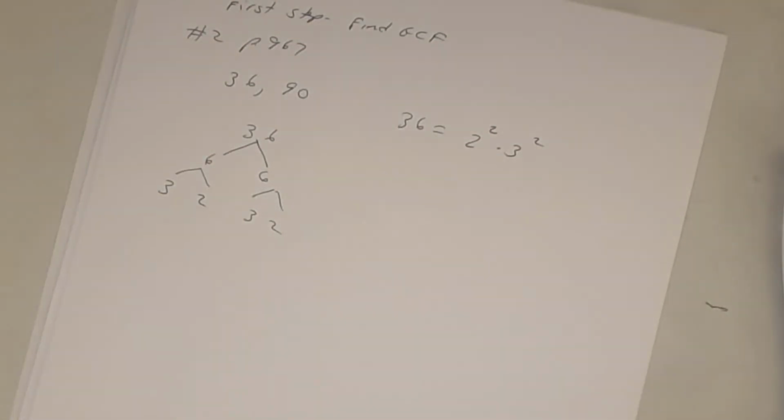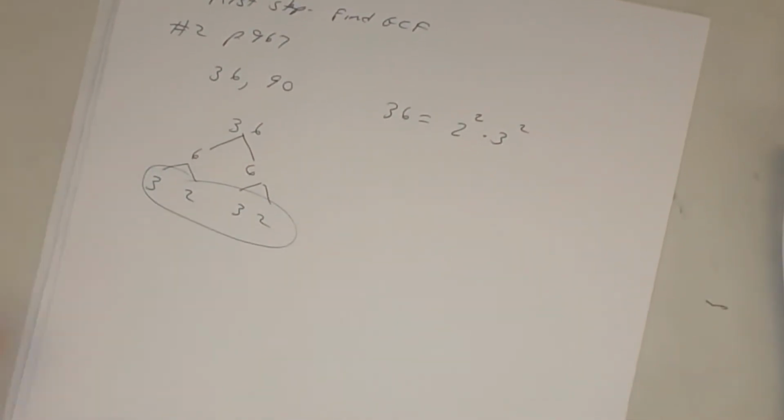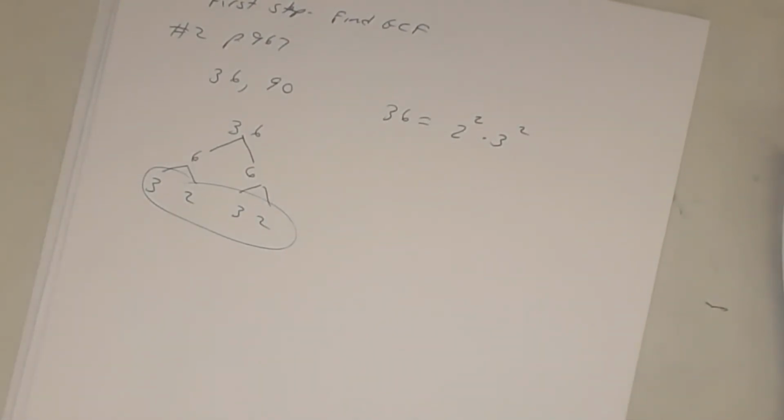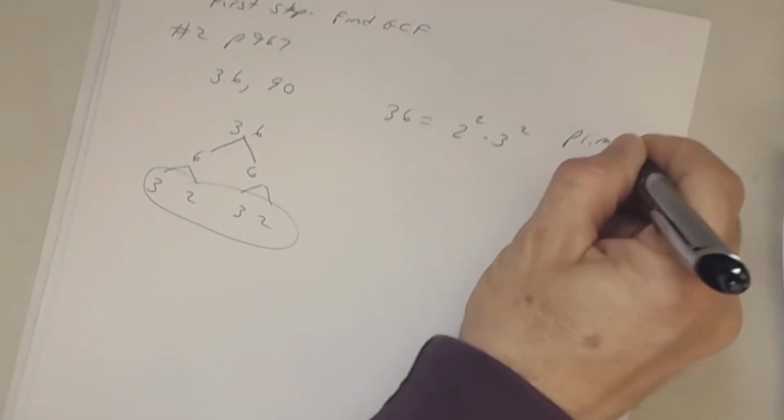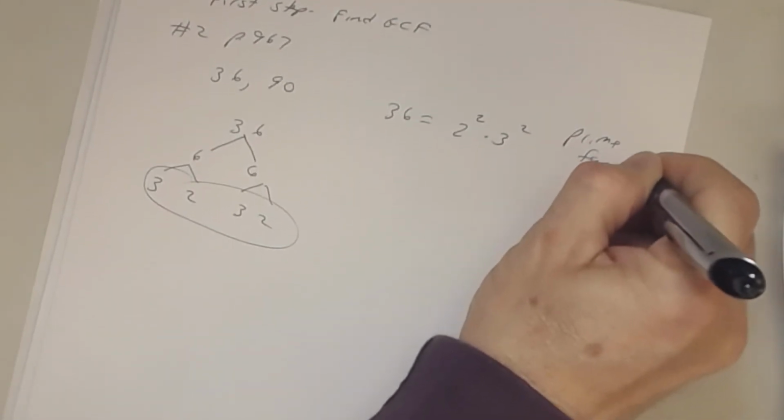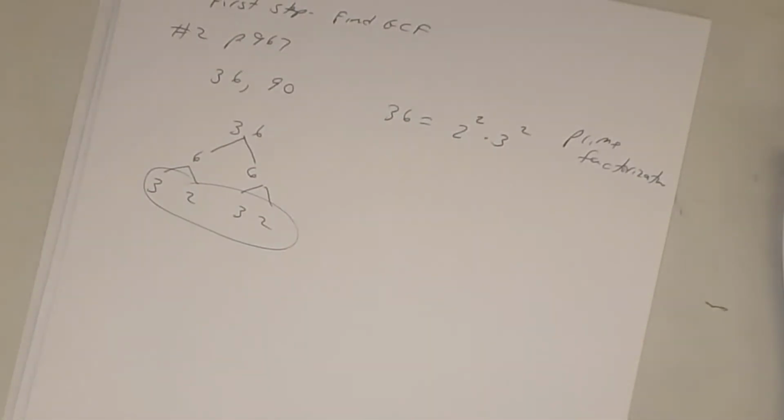So it's 2 times 2 times 3 times 3, all of these being multiplied together. But I can also write it as 2 to the second power times 3 to the second power. So that's the prime factorization of 36: 2 squared times 3 squared.